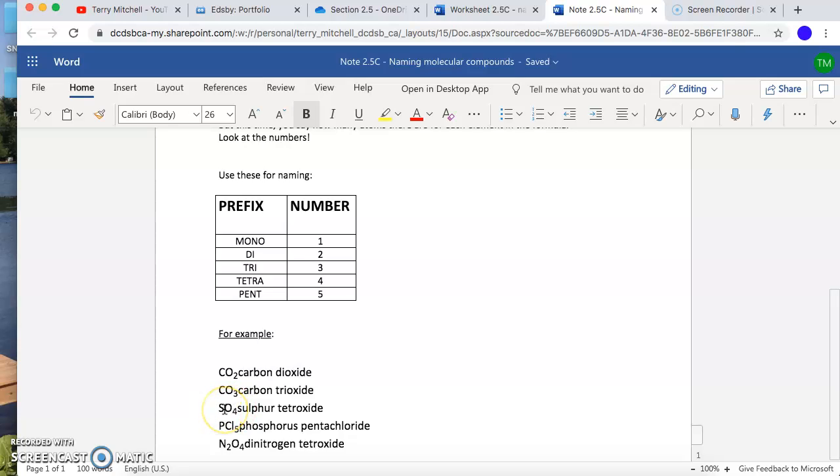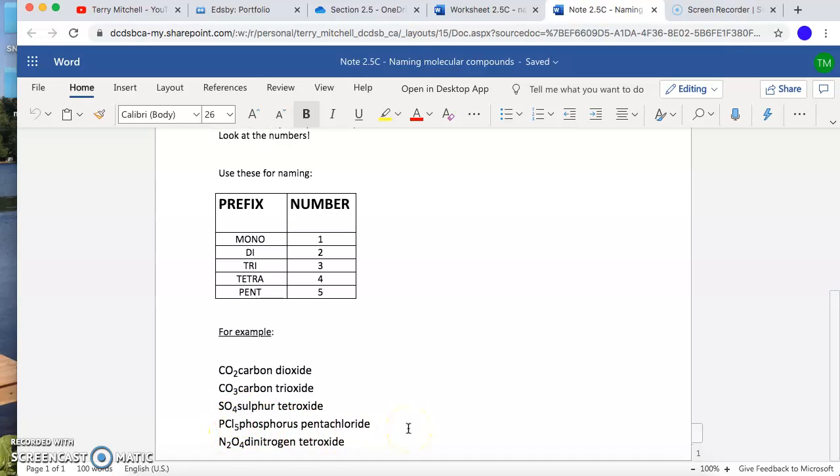SO4, sulfur tetraoxide. PCl5 would be phosphorus, and then we have 5 chlorines, so it'd be pentachloride. So a little bit trickier than last day, but that is about it.